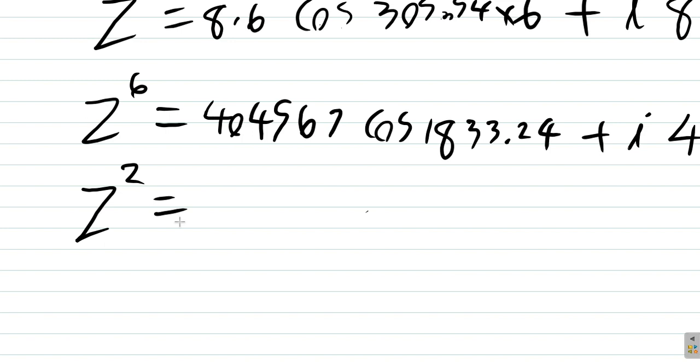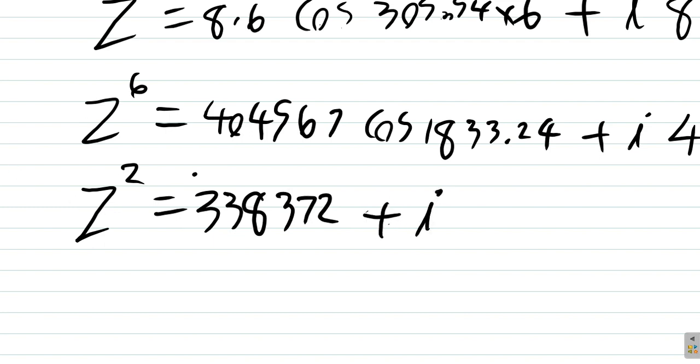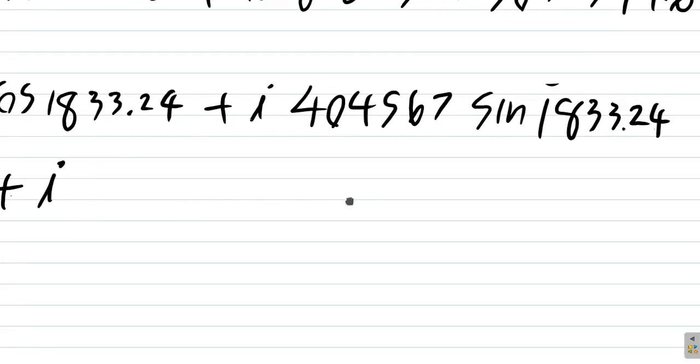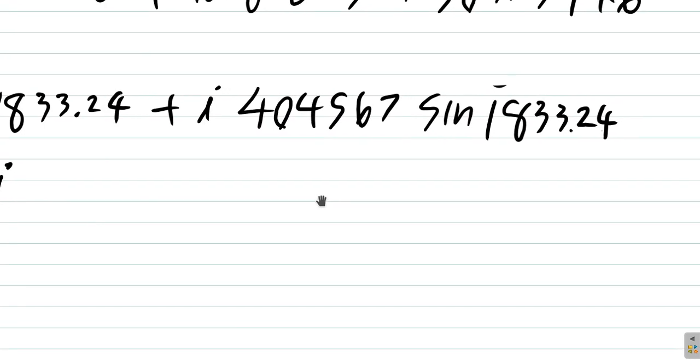I get 338,372, big numbers here, plus i and then you have your 404,567 times the sine of 1833.24.